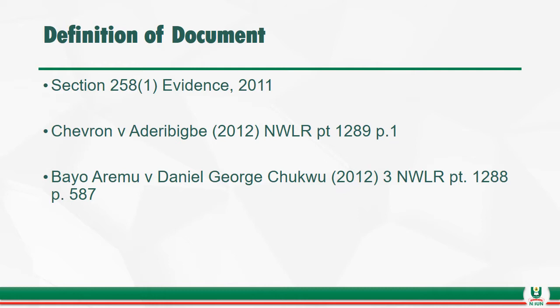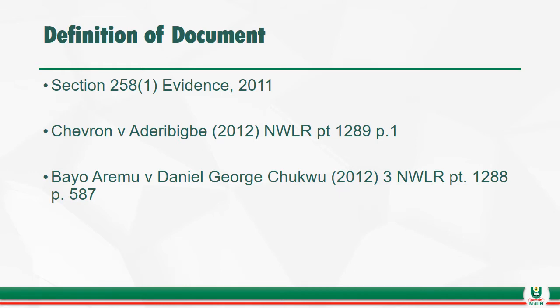And C. Any film, negative, tape, or other device in which one or more visual images are embodied so as to be capable, with or without the aid of some other equipment, of being reproduced from it. And D. Any device by means of which information is recorded, stored, or retrievable, including computer output. That's the definition of document according to the Evidence Act.